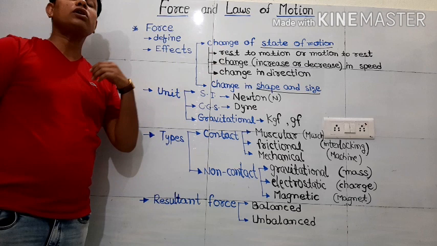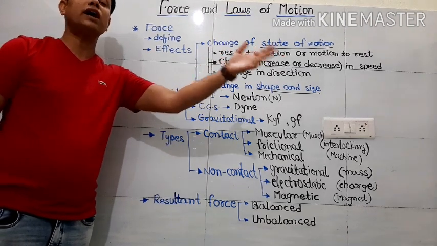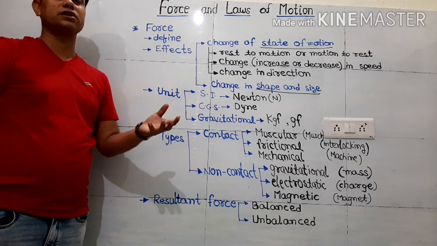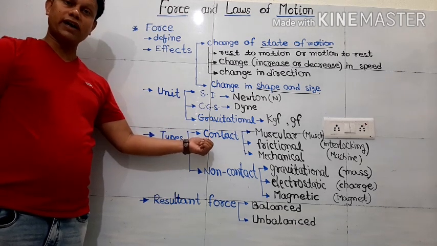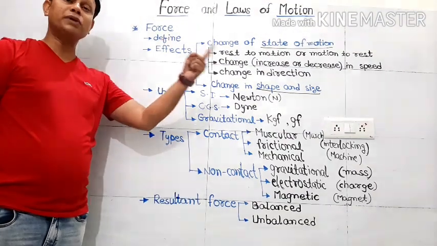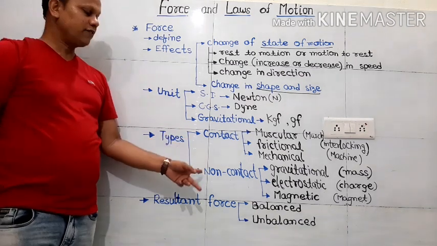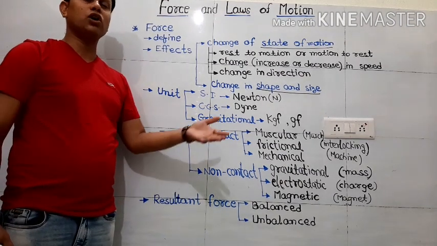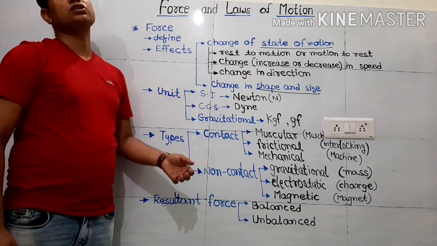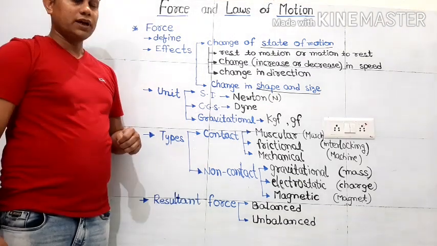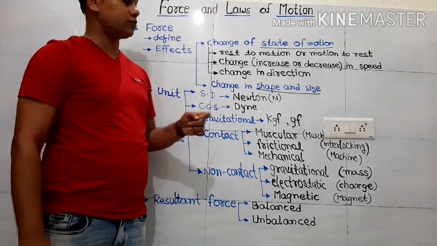Wherever physical contact is required for the force to bring change, that is called contact force. And wherever the force can be applied on an object without touching it, that is called non-contact force.